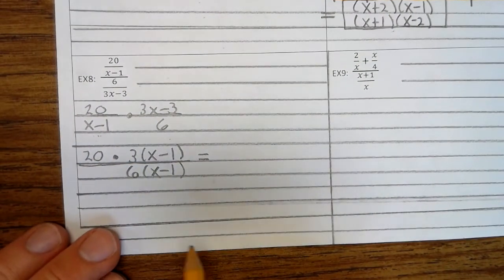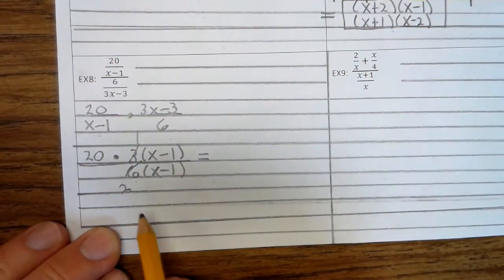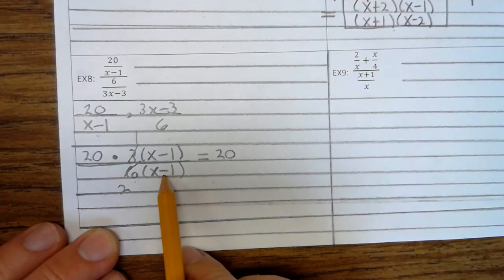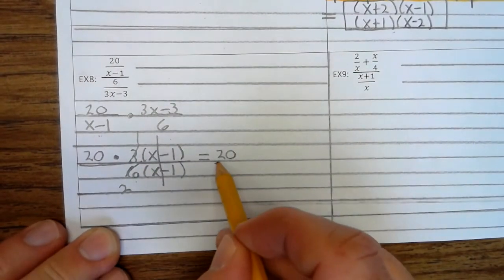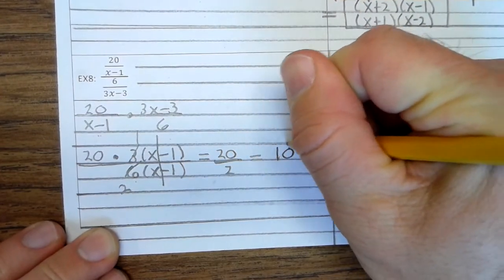All right, so then at this point, 3 divided by 6 becomes 1/2. So that's 20. Well, this becomes 1, so 20 divided by 2, which equals 10.